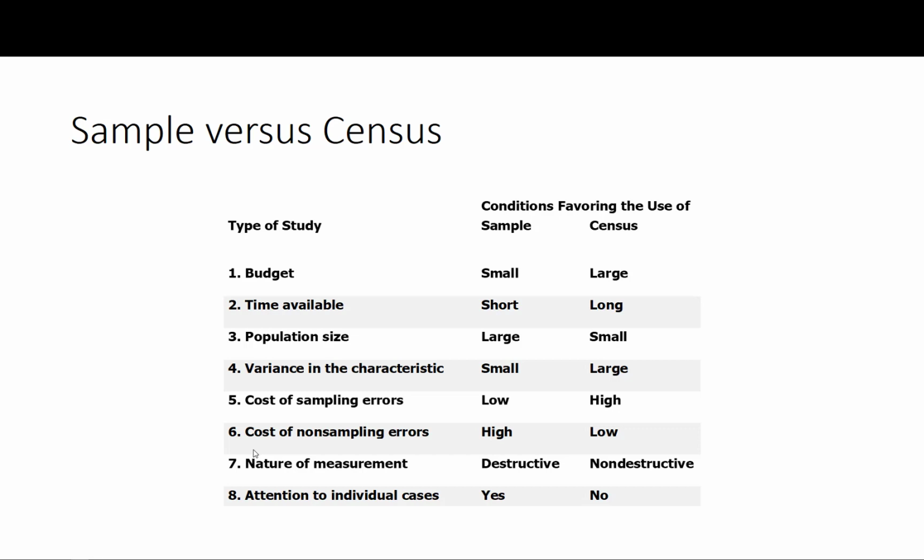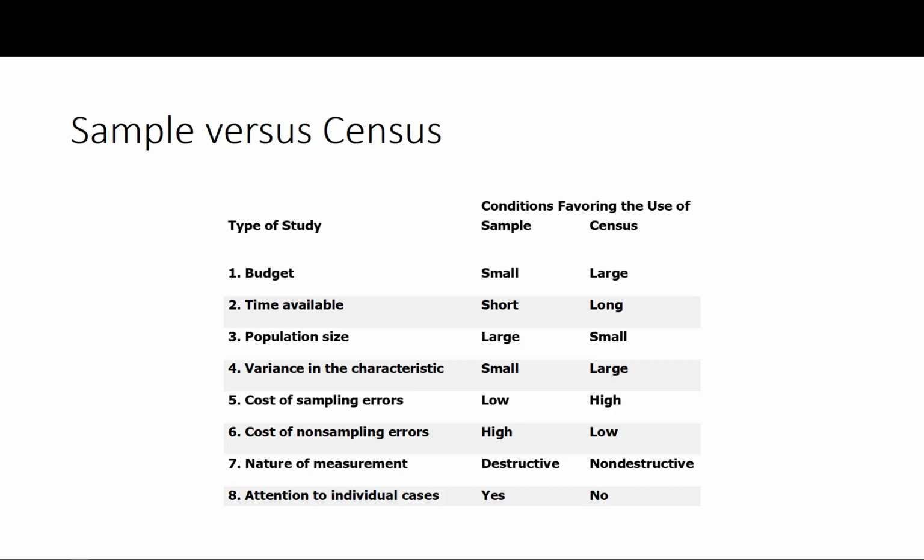The costs of sampling errors. So how much can we afford if we are wrong? We talk about type 1 versus type 2 errors when it comes to quantitative research. Sampling can increase these errors, between accepting a hypothesis that is not true versus rejecting a hypothesis that is true.